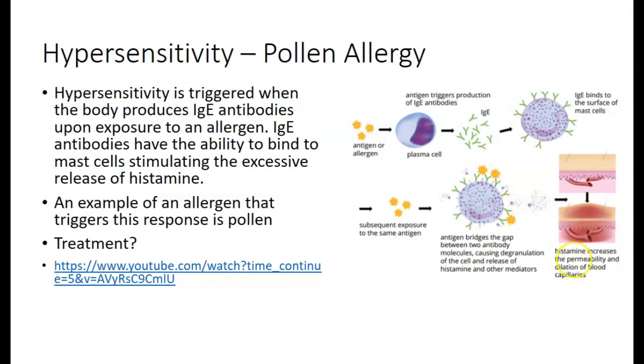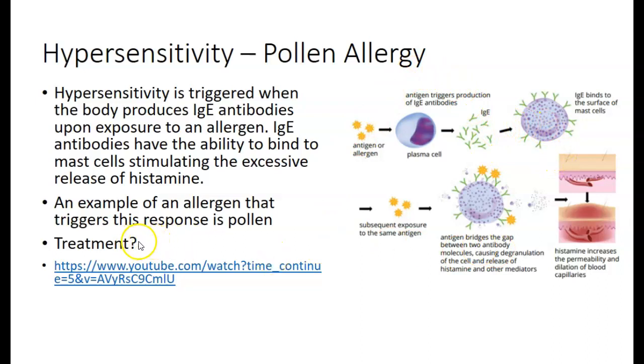It induces inflammation. And so where you're feeling the effects of hay fever in the eyes and in the nose and in the throat, that's where those pollen spores have been taken in and are having an effect on the mast cells in that area, causing the inflammation there. So the inflammation response is the same as it normally would be: the increased permeability of the capillaries of the blood vessels and the increased blood flow causing that itchy, swollen sensation.